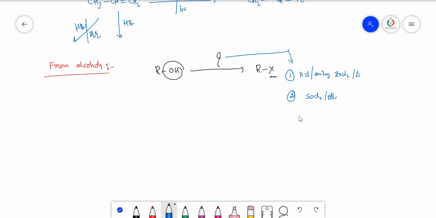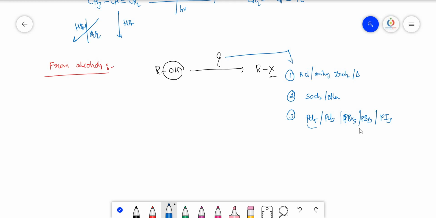Second one is SOCl2 in ether. Third one may be PCl5 or PCl3. You can take PBr5 or PBr3. That means if you want bromine, you take the bromine combination, PBr5 or PBr3, so I am not writing them as separate reagents. You can take even PI3 also if you want the iodine combination.